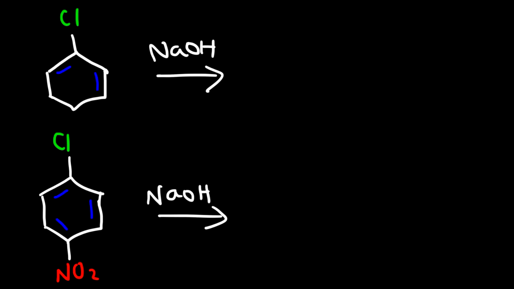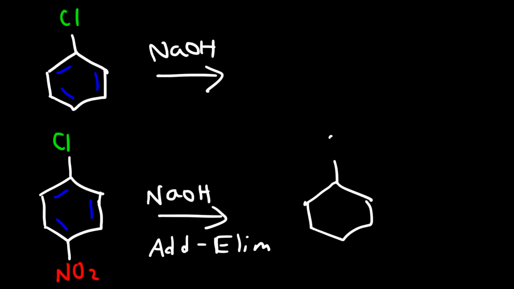Now, if an electron withdrawing group is present, we're going to get the addition-elimination reaction, which is what we've been dealing with. And so the net result is that we're going to replace the chloride group with the OH group. So we've already talked about that reaction.